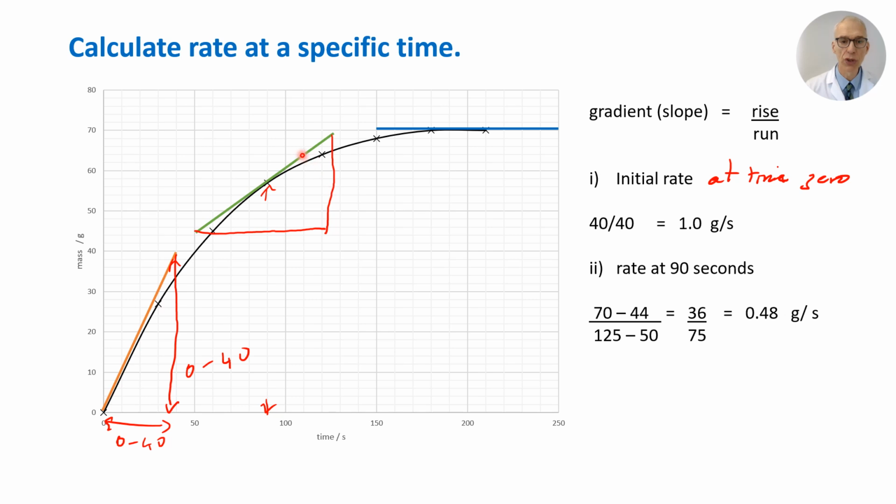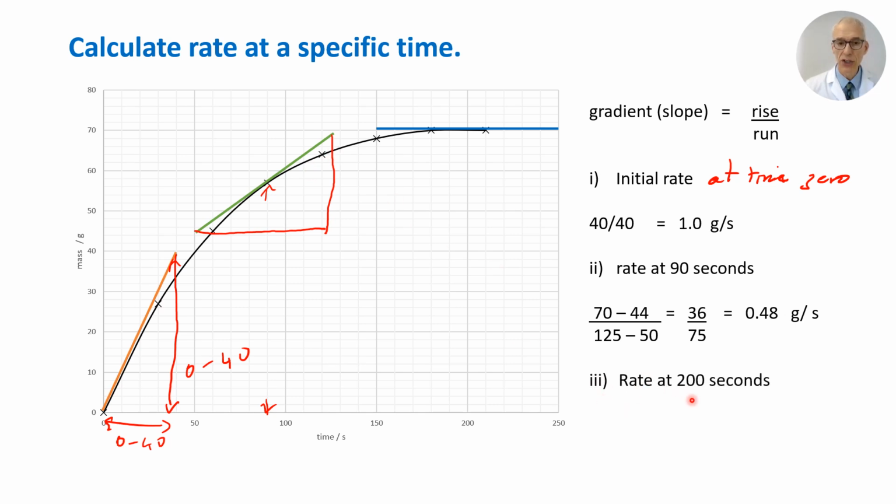Now I could have drawn the tangent to the curve any length that I like because it has a constant gradient, but I've just drawn a sufficient length to enable some convenient numbers. So 36 divided by 75 is 0.48 grams per second. So we can see as the reaction proceeds, as we discussed on an earlier slide, the rate of reaction slows.